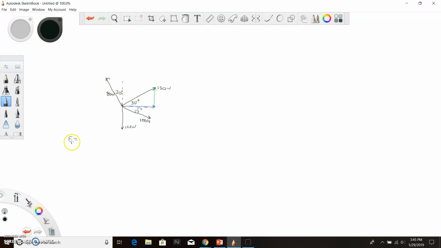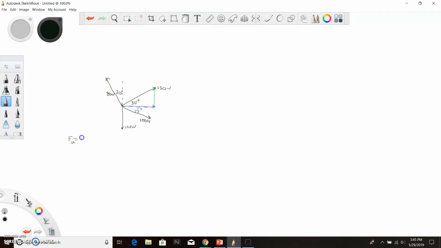So if we do F1x, that looks like a Y. Let's try that X again. There we go. That looks a little more like an X. Okay, so F1x, that's our 150 newtons.